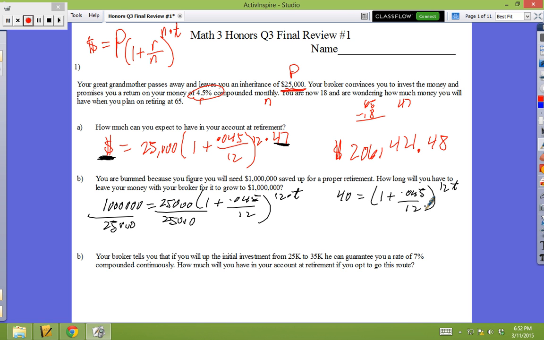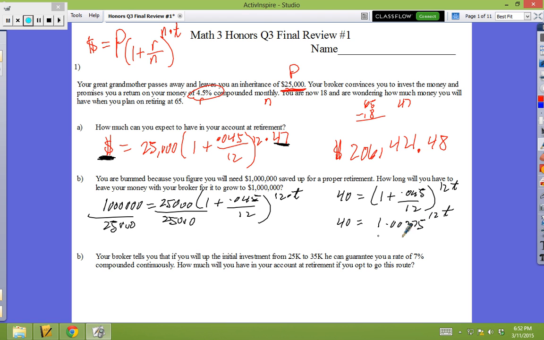What is 1 plus 0.045 divided by 12? Okay, so I've got 40 equals 1.00375 raised to the 12t.